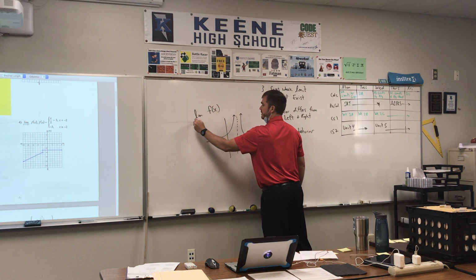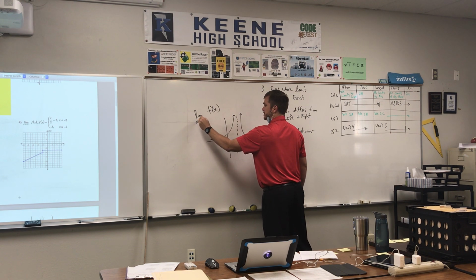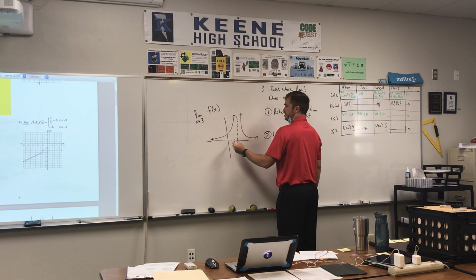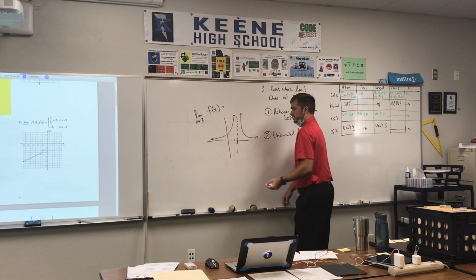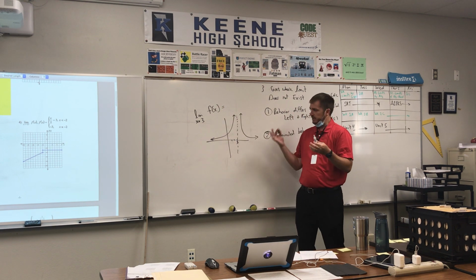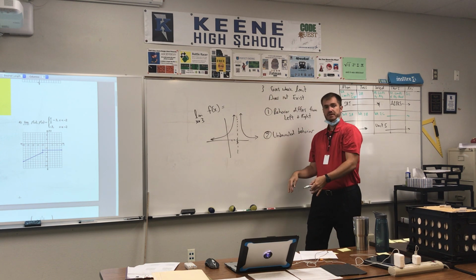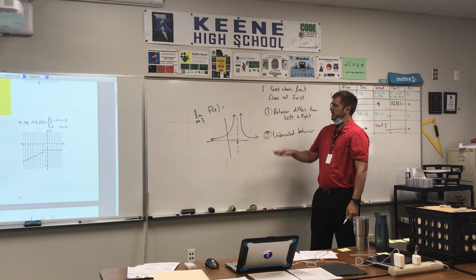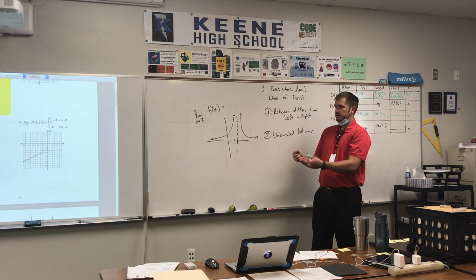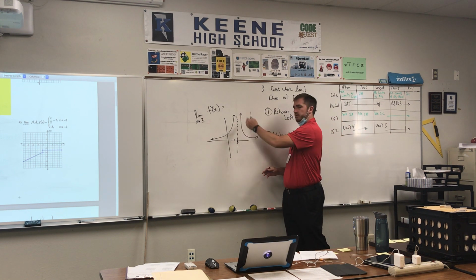So, the limit as x approaches 3 of f of x. It's literally this. If it goes up to infinity or down to negative infinity, what y values are we approaching?